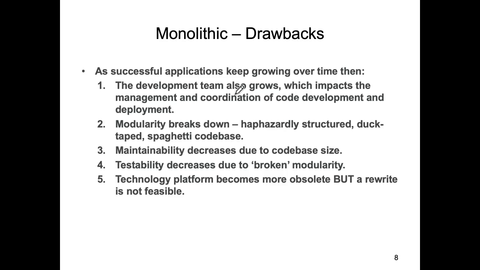And the larger your team size is, the more complications it introduces in terms of managing and coordinating that team and the changes to your code base. One of the characteristics of a monolithic architecture is you have a single code base. We could think of it as a single GitHub repo that the entire team is contributing to.